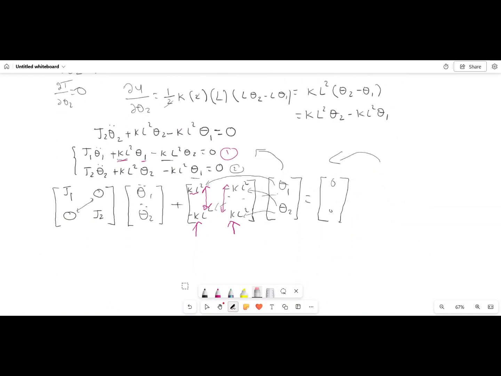Remember, we need to replace J1. I explained that J1 is simply M1 multiplied by L squared. In this case, M is 1, and the distance is 0.6 squared. What is the answer, guys?